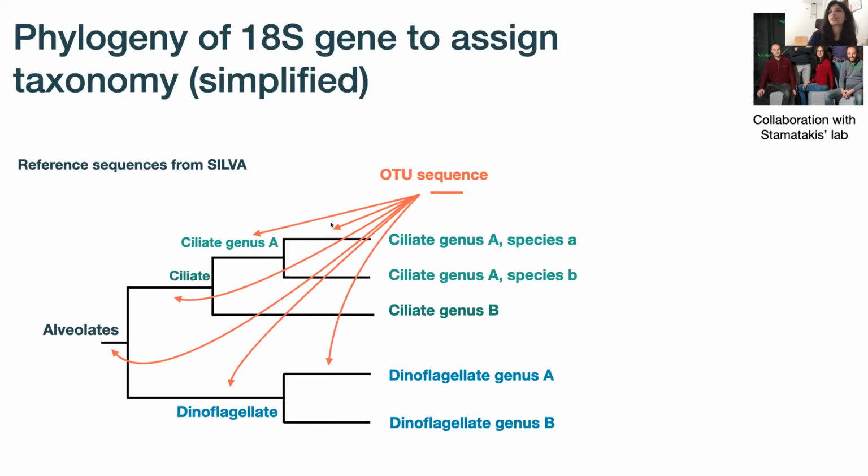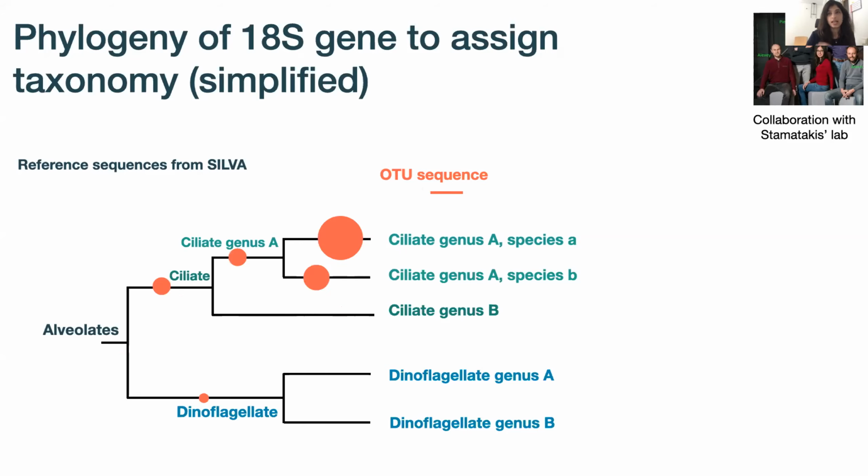So for instance, what is the probability that this OTU sequence belongs to this branch over here, or over here, or over here, etc. And this is represented by the size of the circles. So we then use all of this placement information to calculate the taxonomy of the OTU.